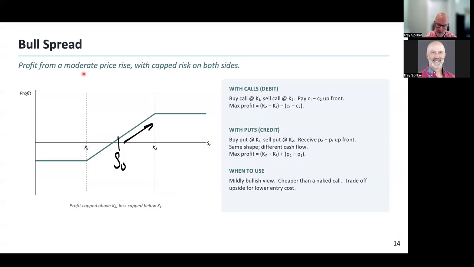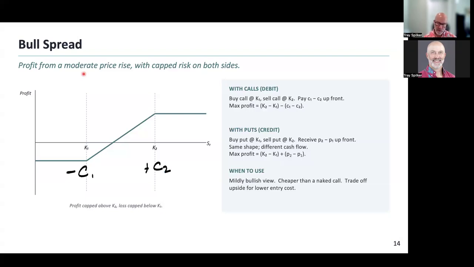We can do it with calls. This is called a debit spread because we have to pay something up front. How do we do it? Well, we buy the call option with the lower strike price, and so we'll pay C1, so it's a negative sign for us. And then we'll write a call option at the higher strike price of K2, so we'll earn C2.